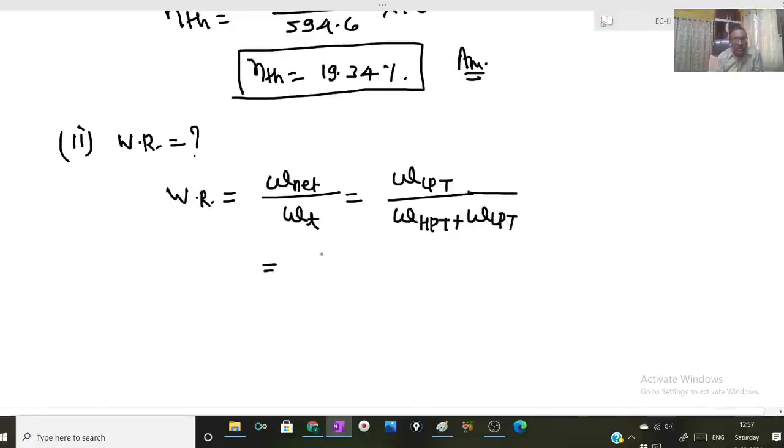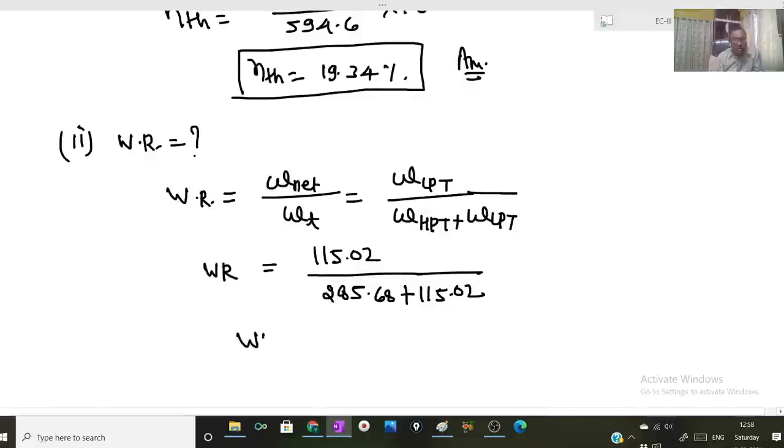So it will be 115.02 divided by WHPT, which is 285.68, plus WLPT, which is 115.02.